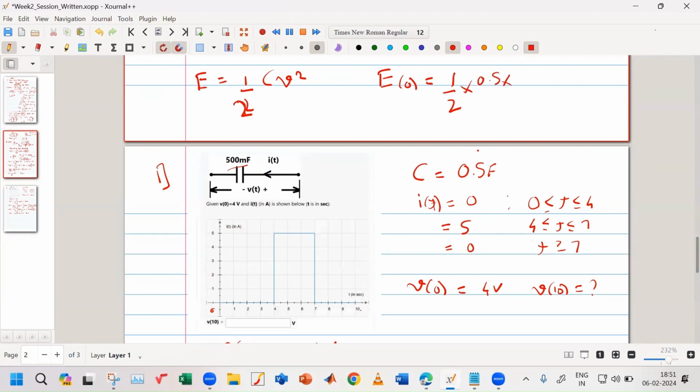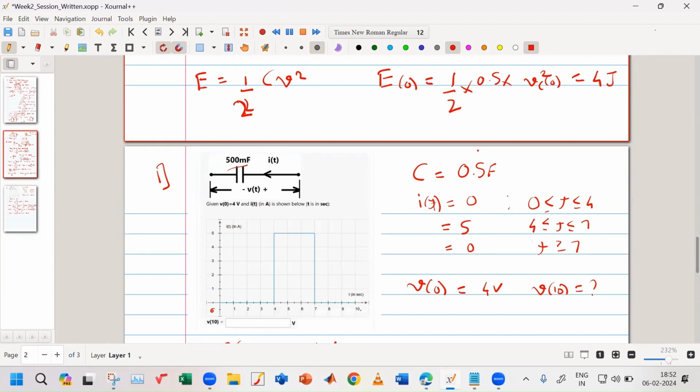What is VC of 0? VC of 0 is 4 volts. So 0.5 into 4 square, that is 16. If you do the complete calculation, you will get it to be 4 joules.